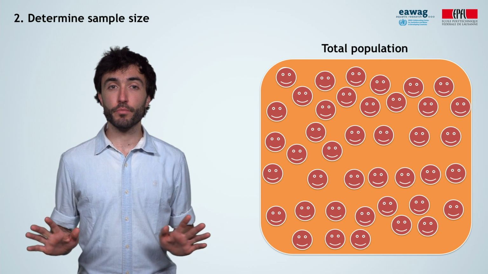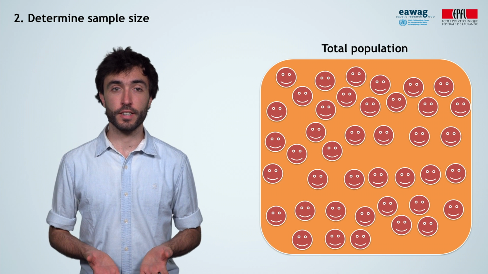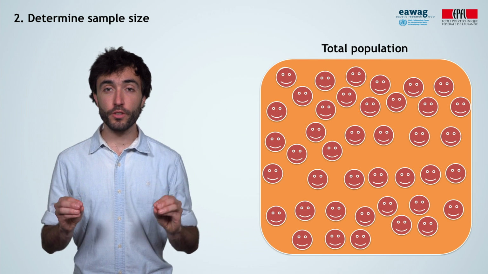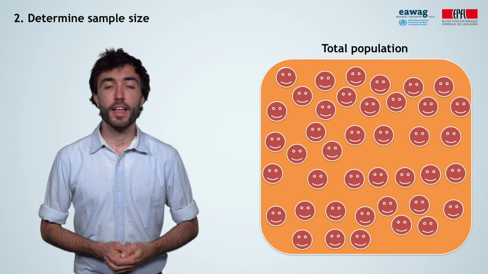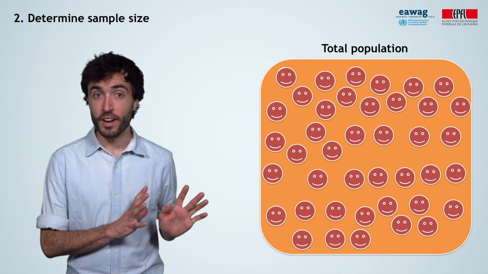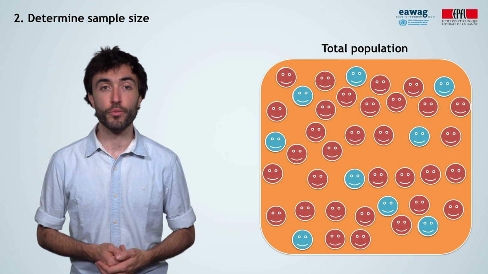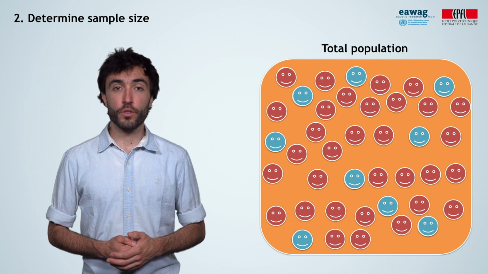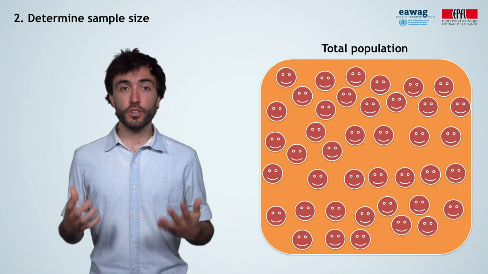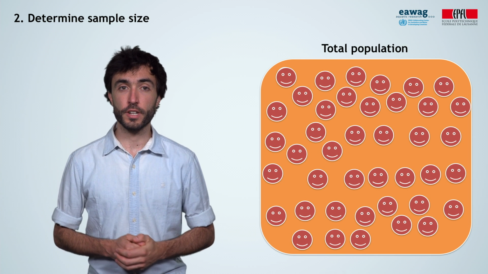The second aspect to consider is the sample size. It is impossible to measure all the household waste generated in a city, and therefore, you will need to work with samples. That means choosing a given number of households from the total population, here the one shown in blue. We know that, for example, the income level often has an impact on the type of waste generated.